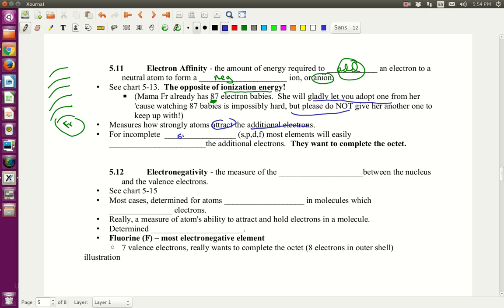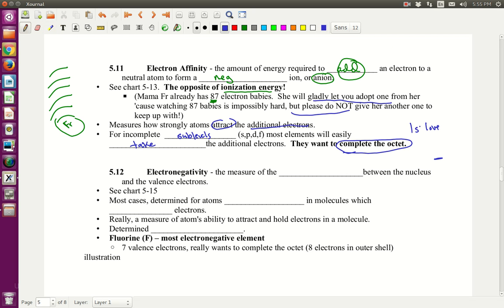For incomplete sublevels, remember S, P, D, F are the sublevels. Most elements will easily take the additional electrons. They want to complete their octet. So if it's 2s1, it would love to be 2s2. Always s comes before p later.